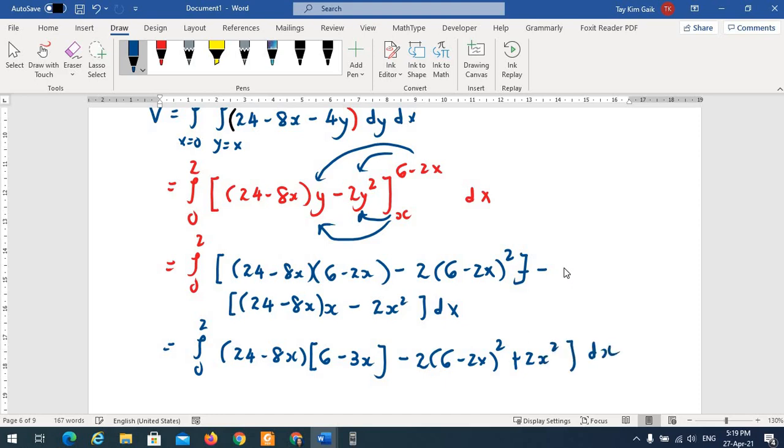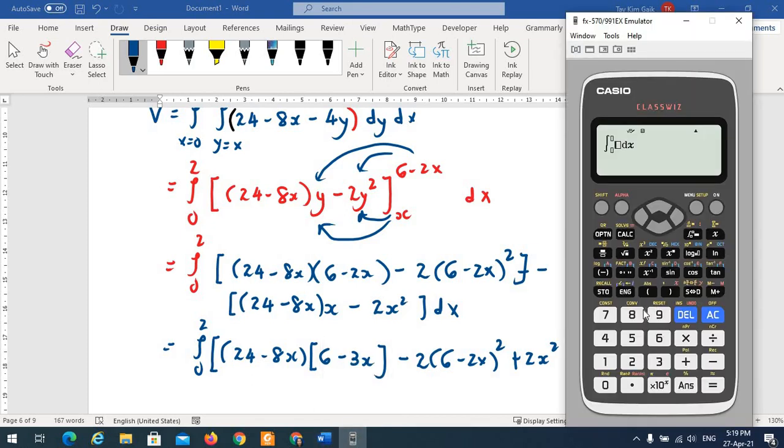So try here whether it can. Otherwise, you have to expand and integrate it manually. We get 112 over 3, 2 over 3. The answer is 48.